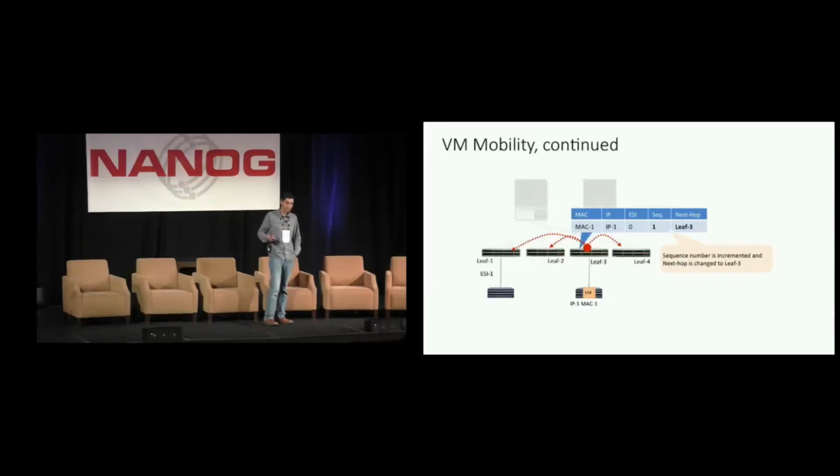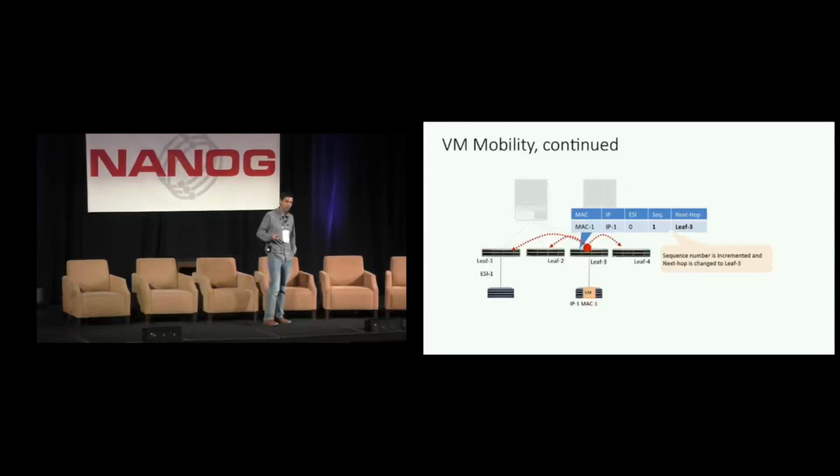So based on that, leaf 3 will bump up the route version, or the sequence number, associated with this route when it advertises the route type 2, or the MAC IP route, for that host with itself as the next hop.